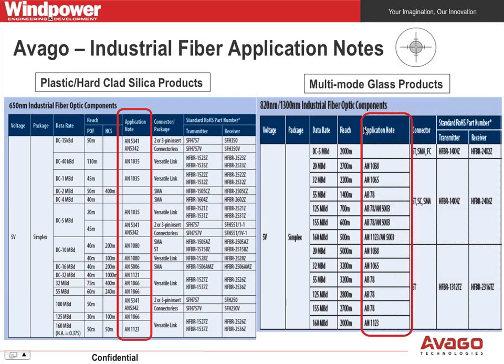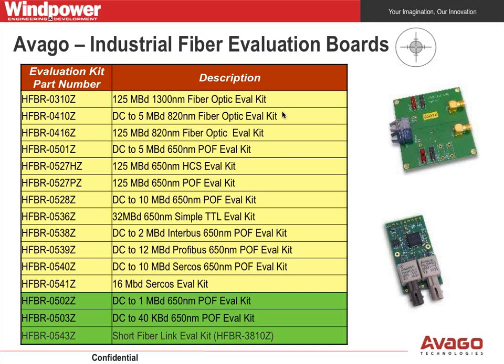Similarly, over to the right-hand side of the page, for the discrete glass products, we offer similar application note support. This is for the 820 and 1310 discrete products. In addition to the technical resources in the form of app notes, we also offer evaluation platforms for the various products.